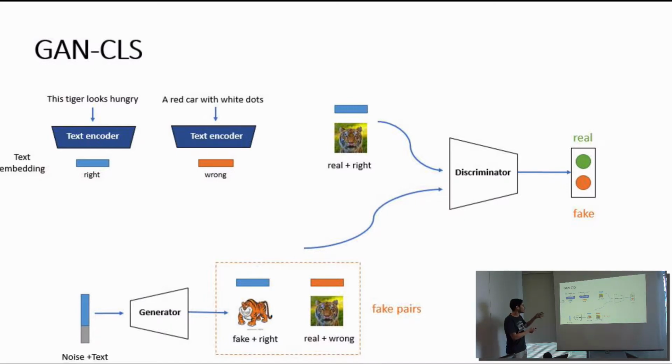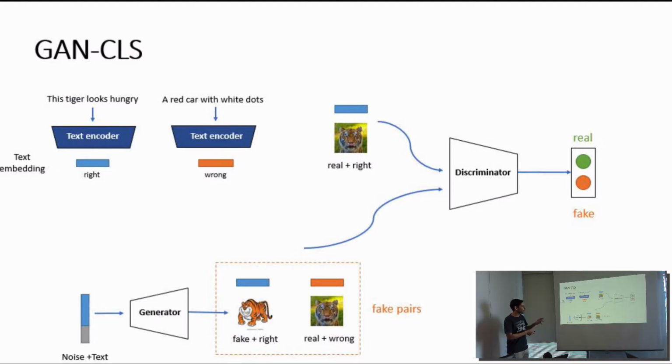In addition to this right caption, they pick at random from the corpus some negative, wrong caption, and also build its embedding. The generator will always take the right text and the noise and try to generate the image corresponding to it.